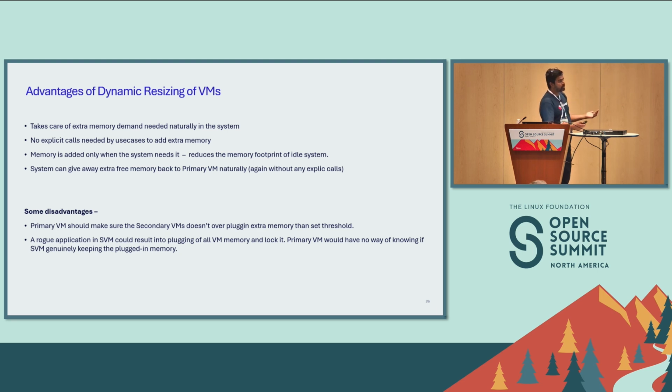And there's also no way for the primary VM or the host to detect a rogue application running in the VM that's, let's say, doing a malloc of hundreds of MBs, locking it up, and never releasing it back. So I feel there's no design today where the primary VM can detect such a rogue application running in the VM and make sure that memory is given back to the primary VM.